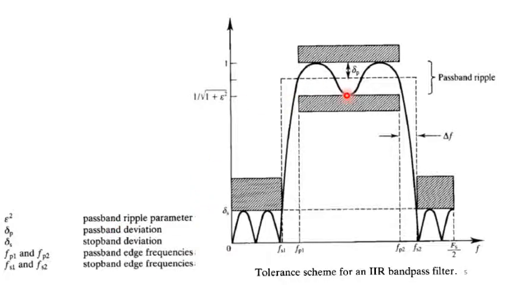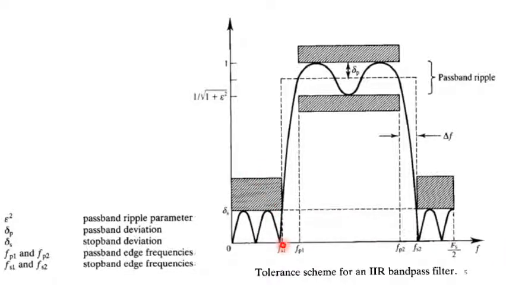If you look at this figure, the dashed lines represent the ideal filter. You can see that this is a band pass filter.